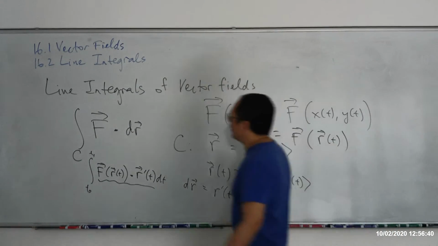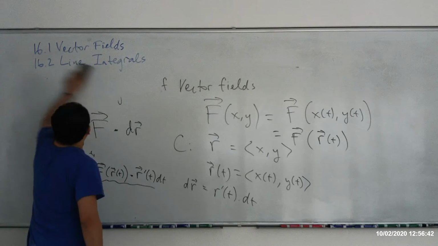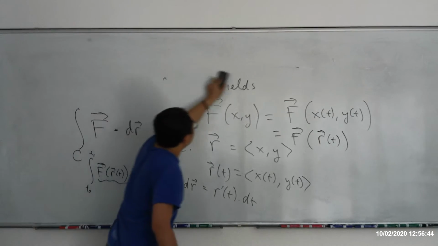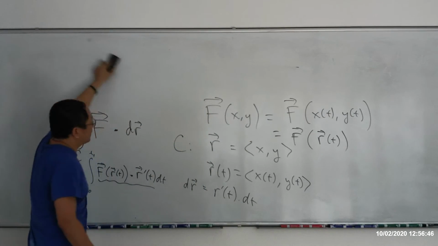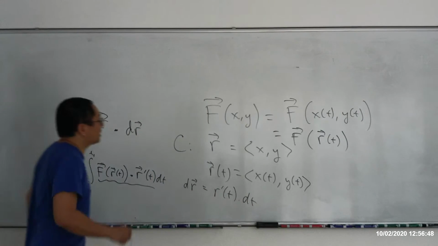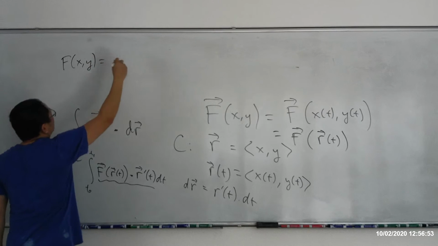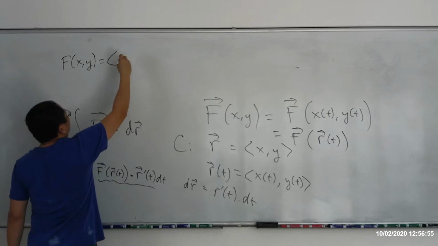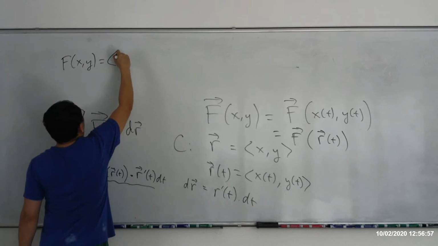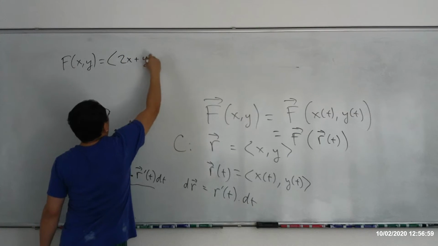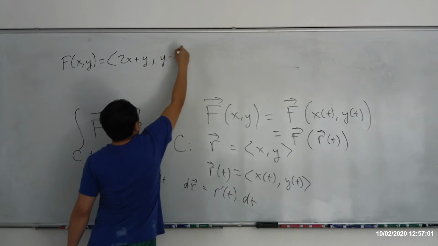Let me go back to the previous example that we've done before. Let's just make up one. How about F of x, y equals 2x plus y, comma, y minus x, for example.